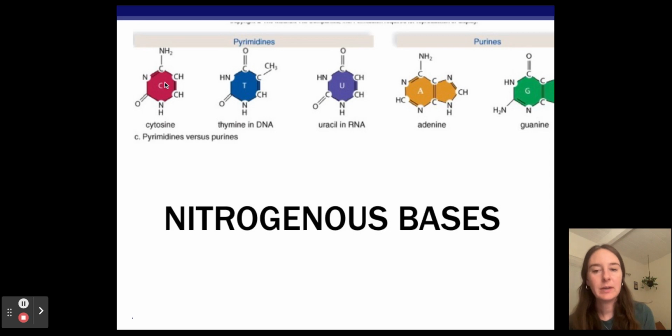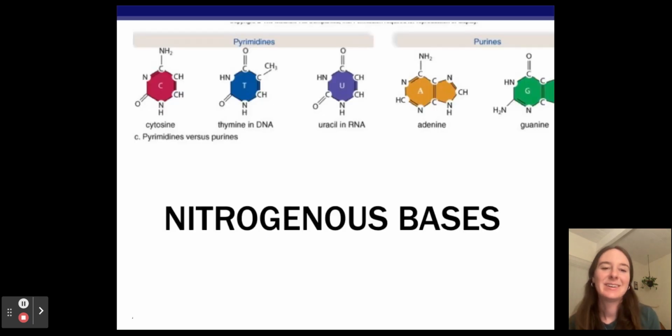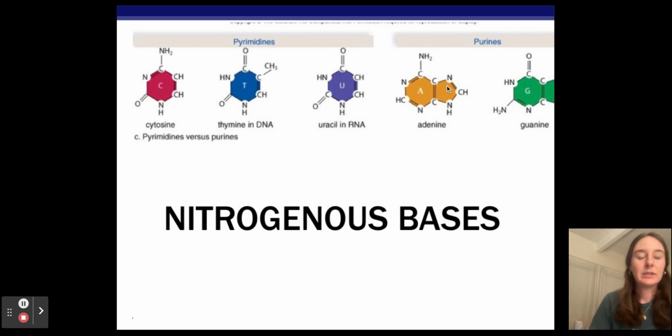So pyrimidine is a base that has 1 ring. And then purines on the right, they have 2 rings. And so again, here we have purine, pyrimidine, and purine. So think of a way to remember that purines are 2 rings and pyrimidines are 1 ring. Think of some way to jog your memory.